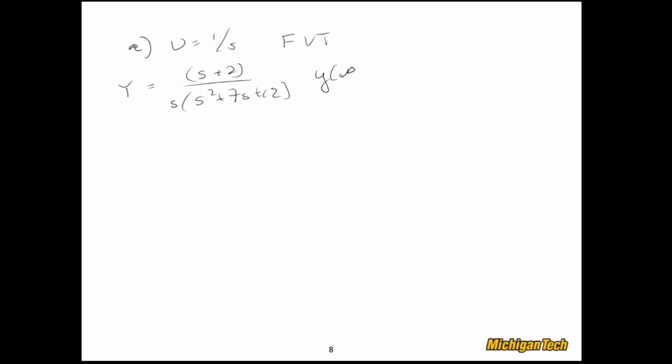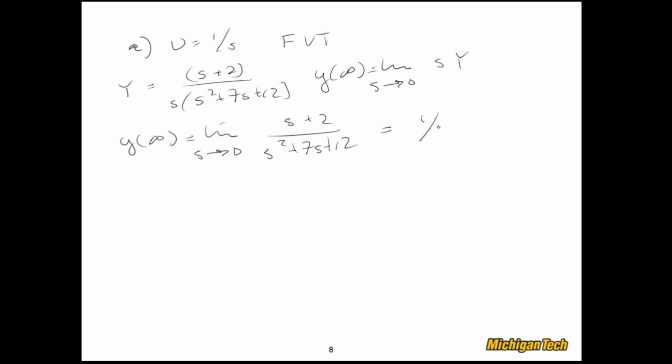And y at infinity is equal to the limit, as s goes to 0, of s times y of s. So y at infinity is equal to the limit, as s goes to 0, of s plus 2 over s squared plus 7s plus 12, and that is 1/6.